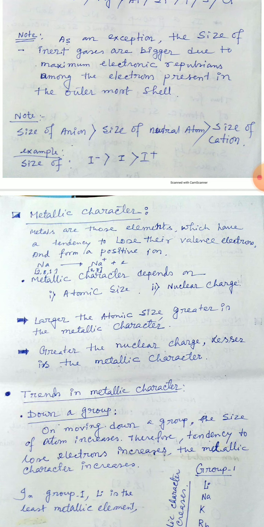One example is I minus, the iodide ion: the size of I minus is greater than the size of neutral iodine, and greater than the size of I plus.